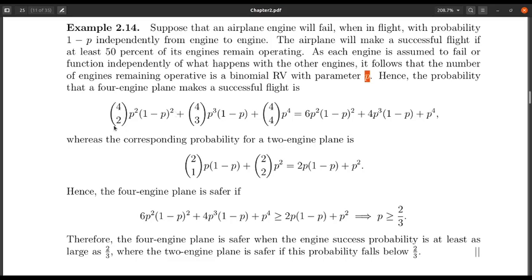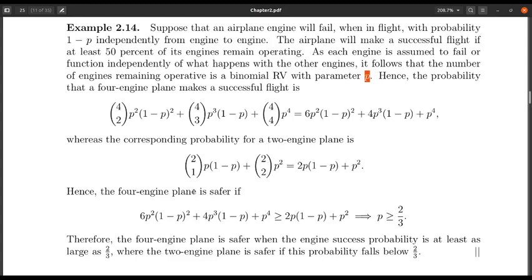And I try to find the probability that y is greater than or equal to 2, so I sum up these 3 terms, and if you simplify it, it simply becomes this. Similarly, for the two engine plane, the success probability is nothing but the sum of these two probabilities, corresponding to x equals 1 and x equals 2.